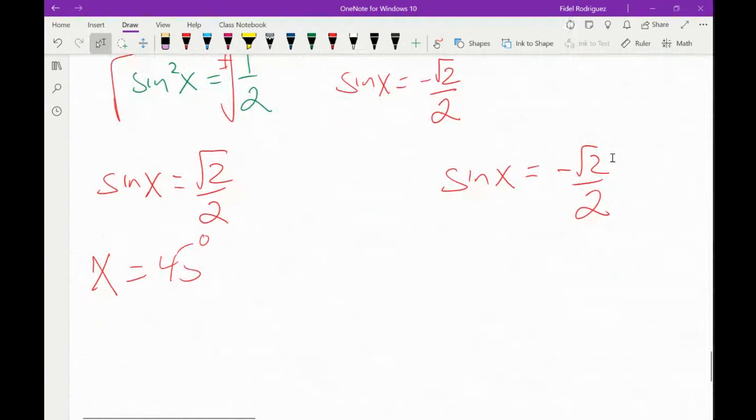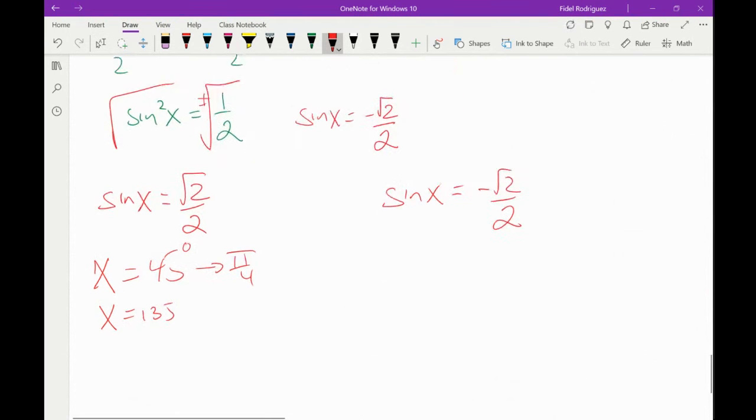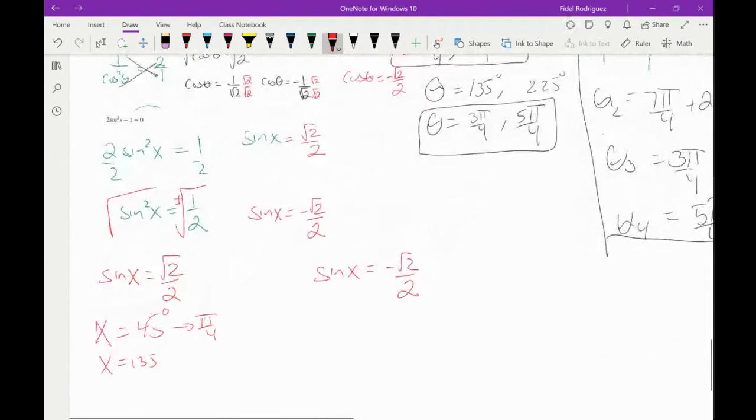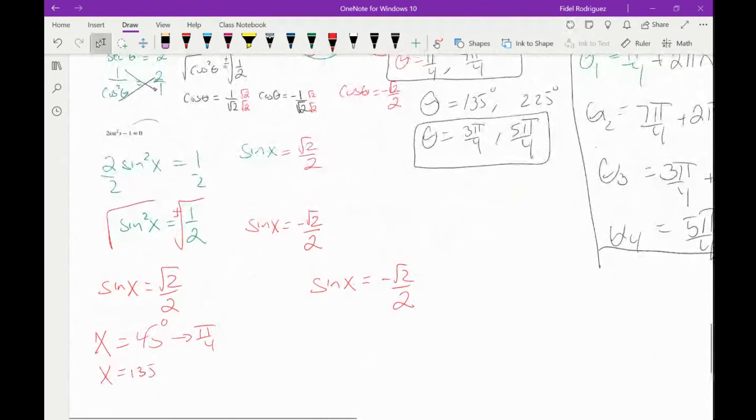Very good. Okay, so this one here we knew was pi over 4. And did we do 135 earlier? Yes, 135 in terms of radians, guys. Anybody know what it is? Three pi over 4, right?